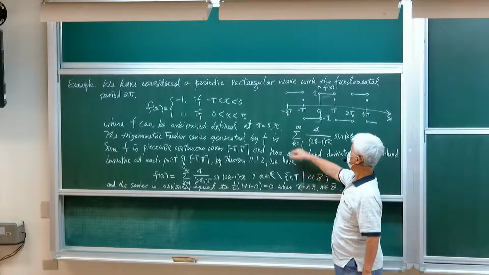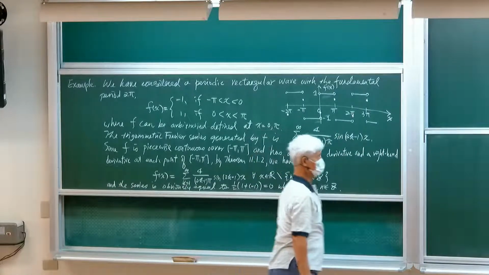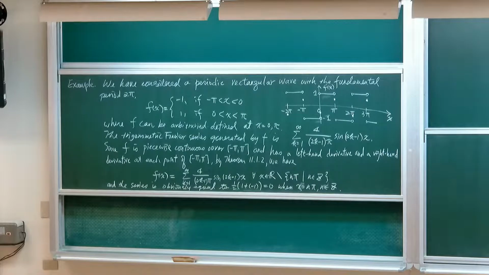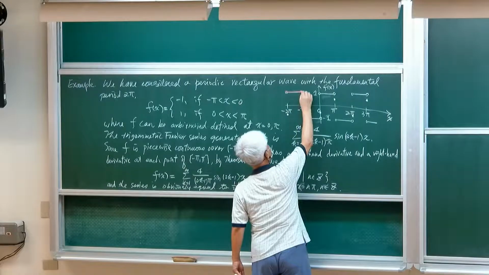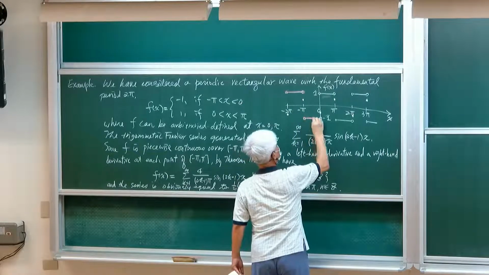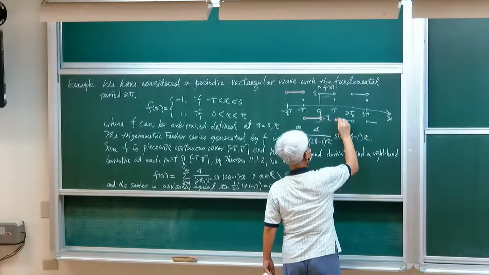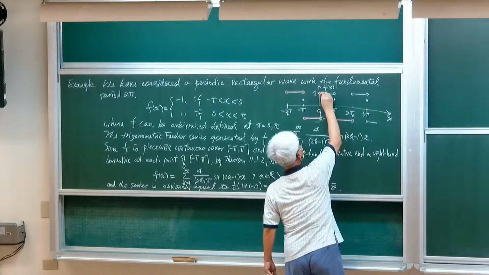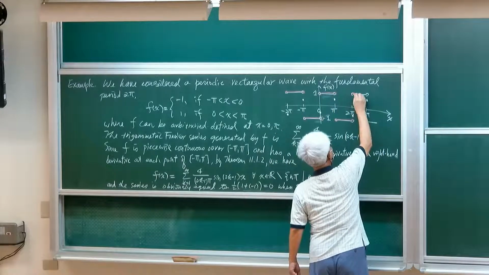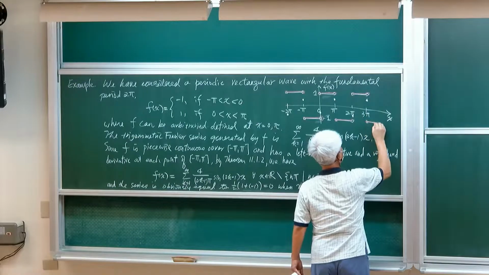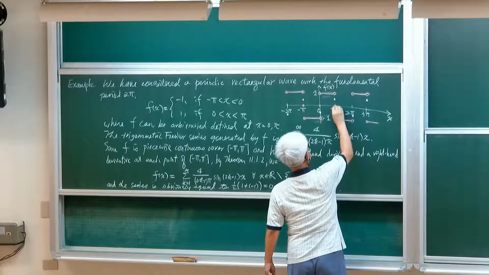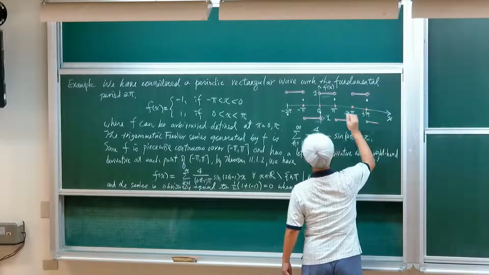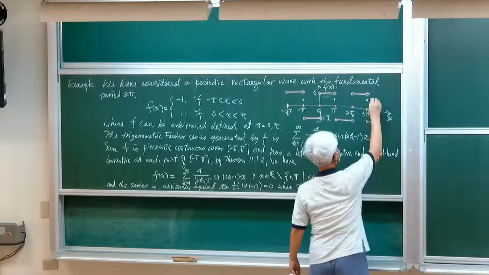So the series sum gives this figure. They coincide, but the value at those points is always 0.